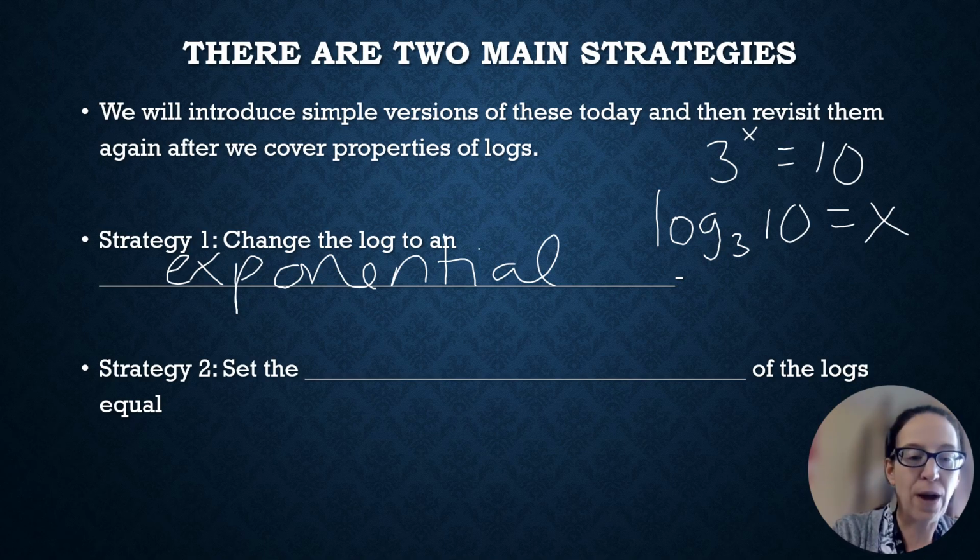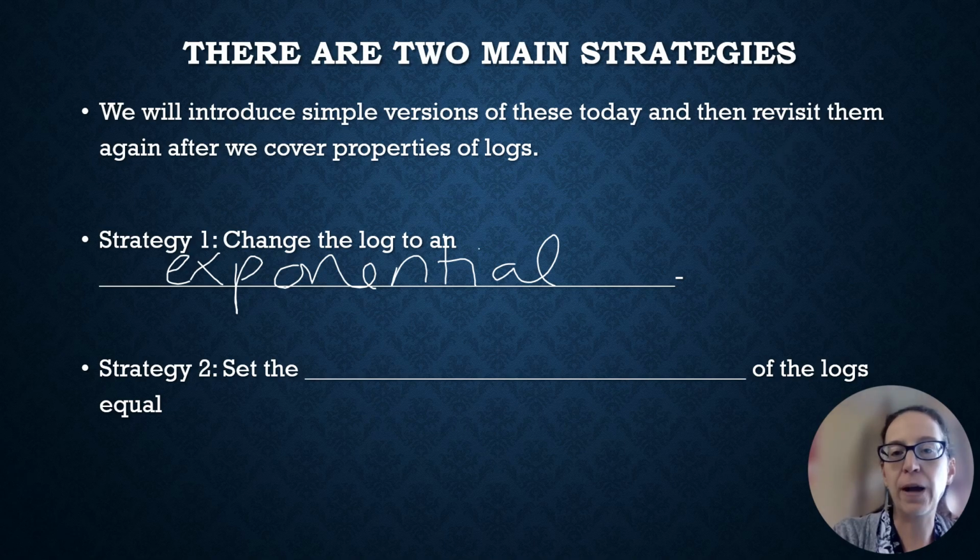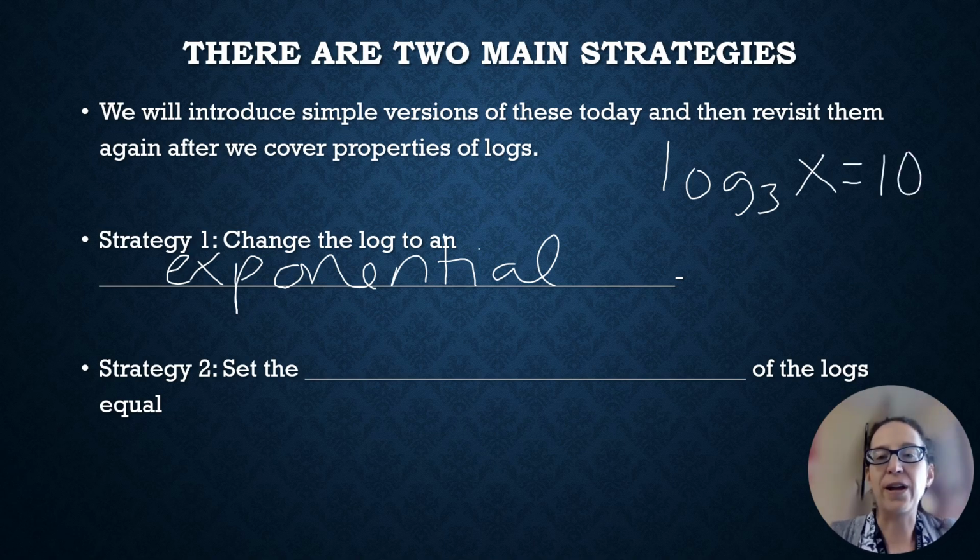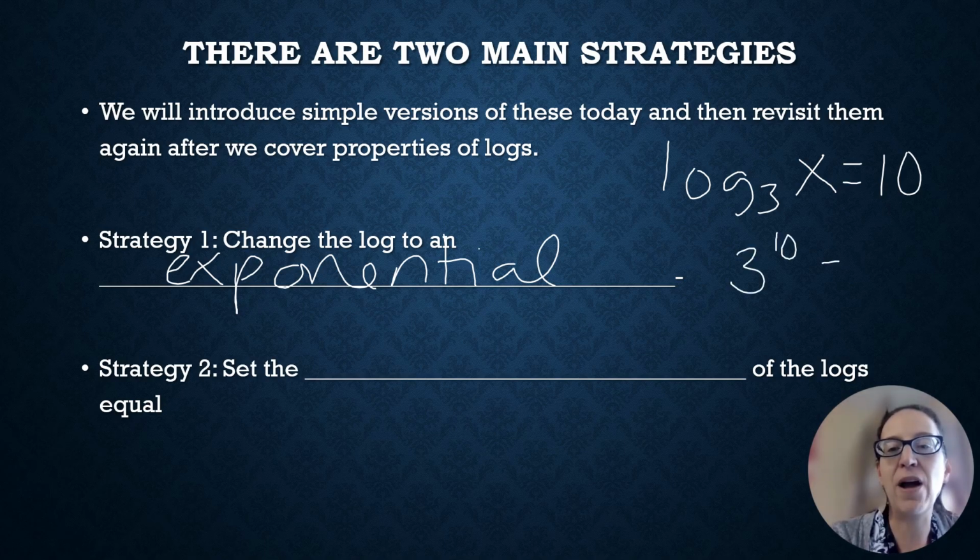So suppose you had an equation that was a logarithm, log base 3 of x equals 10. And you're like, man, I don't know how to solve that. How do I figure out what the x is? Well, you can change it over to an exponential. So this would be 3 to the 10th power equals x. And now you can solve it.